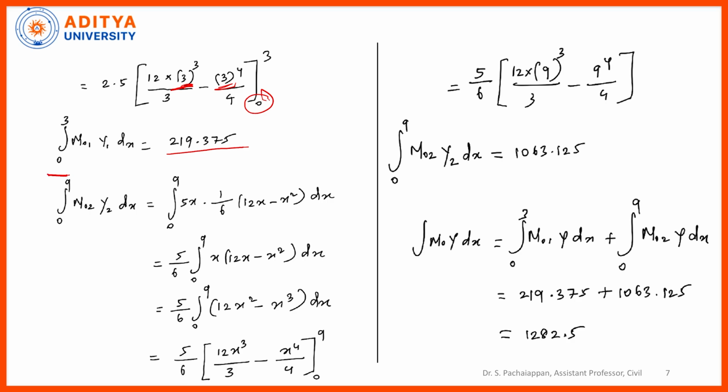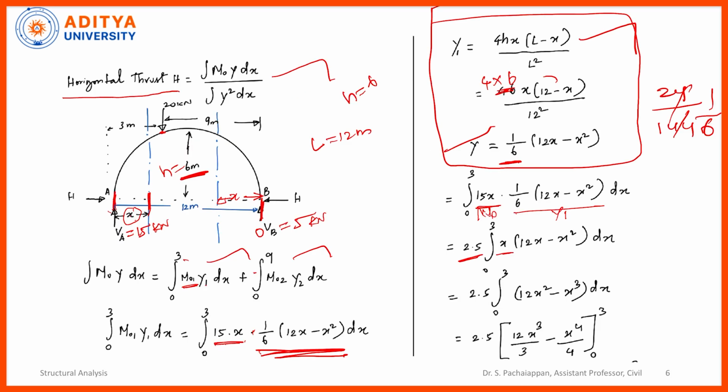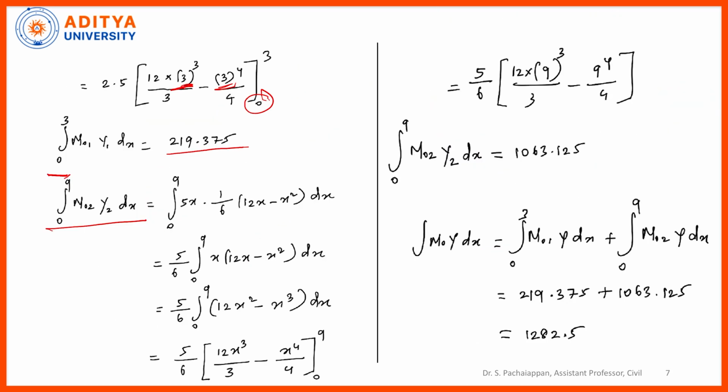Similarly, I am going to calculate the next term, which is the integral from 0 to 9 of m0 y2 dx. For calculating this, we need to multiply RB by the corresponding distance. Let me go back to the diagram and draw it here. This is our arch, a two hinged arch.